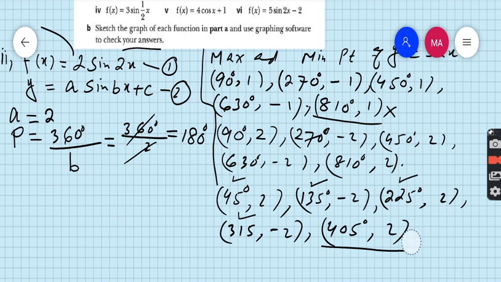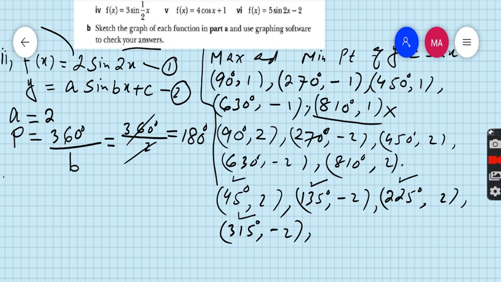Therefore, this is not acceptable. So our final answer of part A is the amplitude is 2, the period is 180 degree, and the coordinates of maximum and minimum points are (45 degree, 2), (135 degree, -2), (225 degree, 2), (315 degree, -2). This is our final answer.